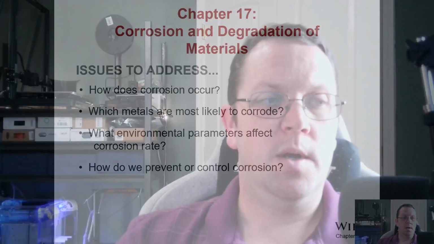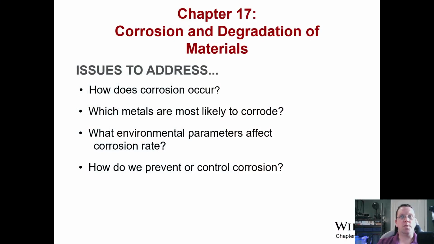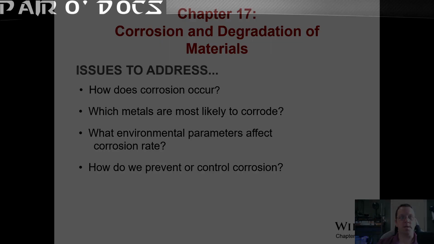So we're going to touch on how corrosion occurs, which materials are most likely to corrode, what environmental parameters are going to be affected, as well as how we actually prevent and or control the corrosion and what things affect the corrosion rate. So these are some of the things that are going to be playing into what we're doing today.